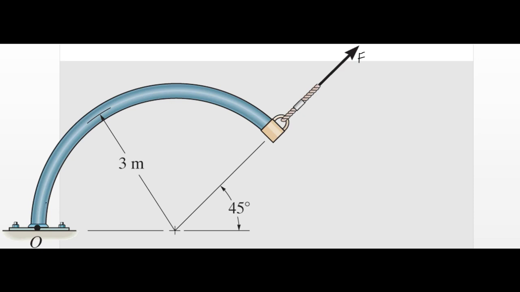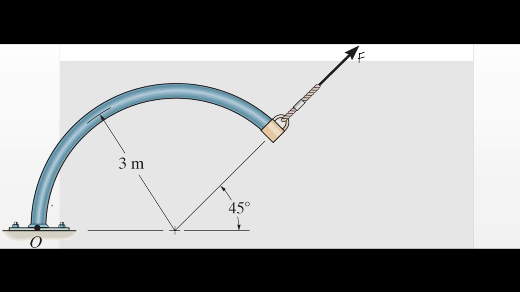So a lot of times when I give problems like this and I say, okay, what is the moment due to the force F at point O, the first thing I would ask is, what is its orientation? To find that out, we have to really think about the problem.